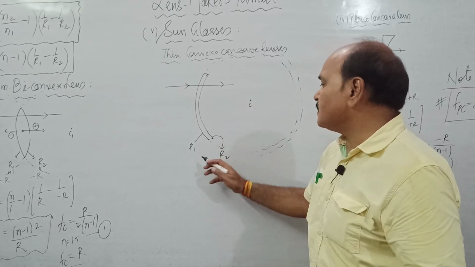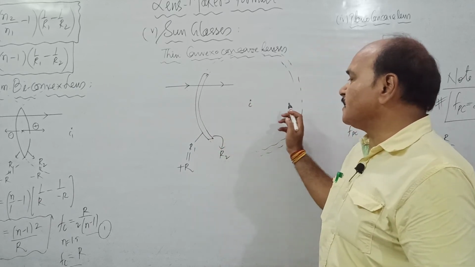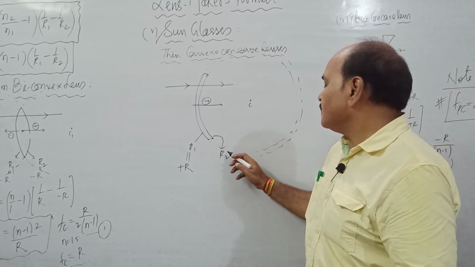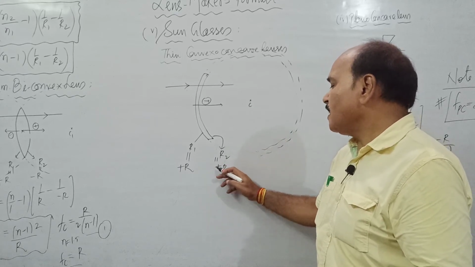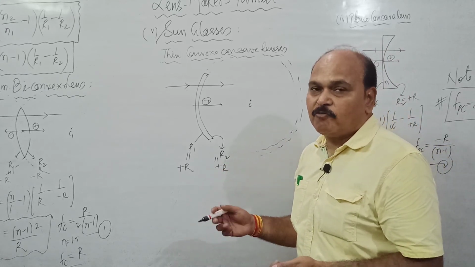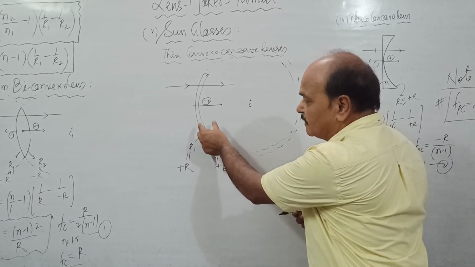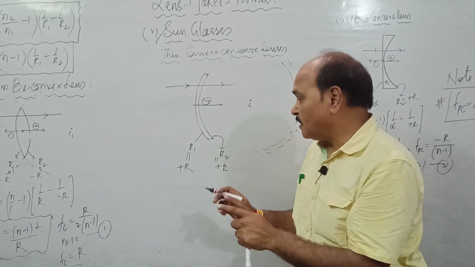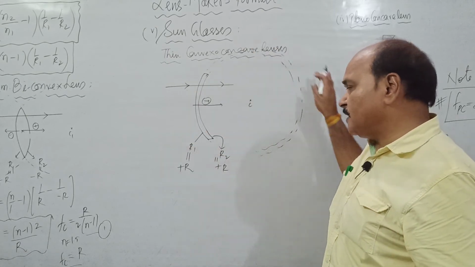As far as sign is concerned, R1 is plus, since it is on the right side, in the direction of the incident ray. And the sign of radius R2 would also be plus R. Both the values are the same simply because the lens is thin. If the glass is not thin, R1 and R2 will not have the same value. And of course they have the same sign.